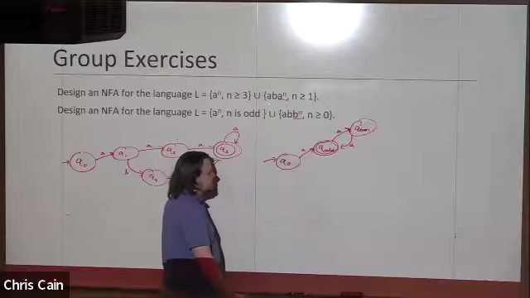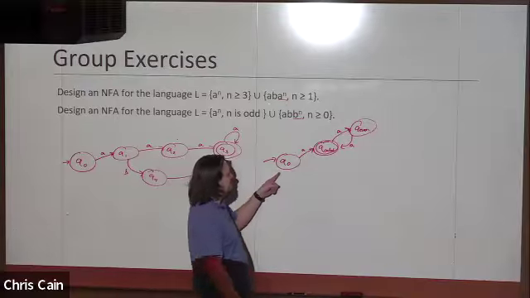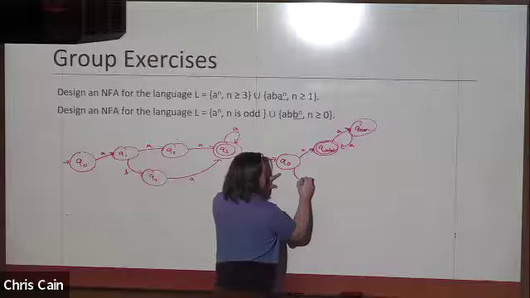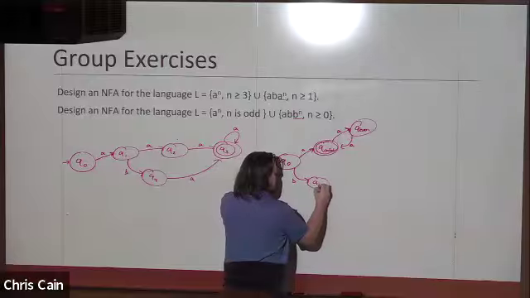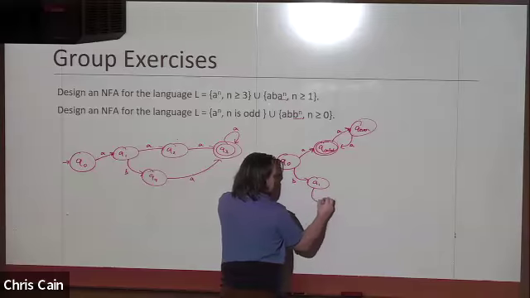Then from the Q0, we have a B edge, and then we have a final state Q1, with a loop on B. And that's fine.